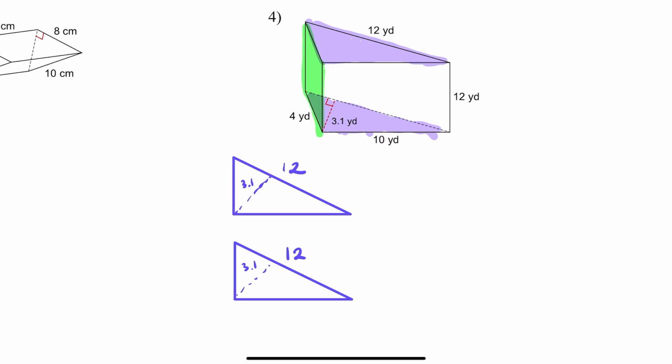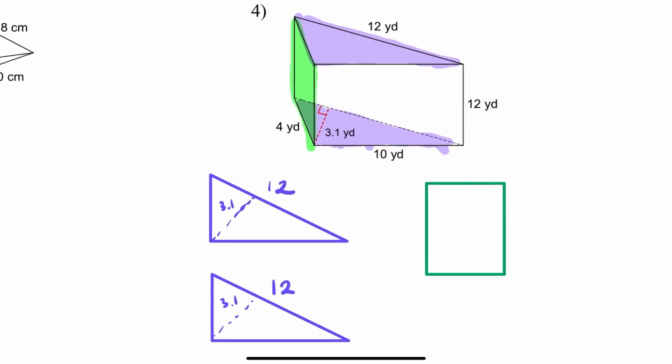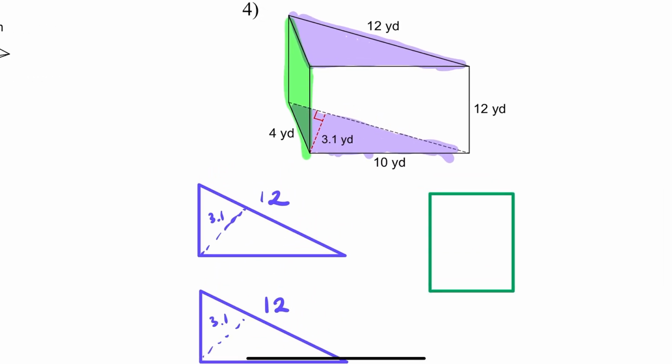That is not the best. Okay, let me try that again. Draw that out. And then I have to pay attention to the dimensions of this, okay? Because this is 12, this is also 12, and that's the side of it. So 12. And then notice the bottom is 4. So that is 4. Cool, done with that one.